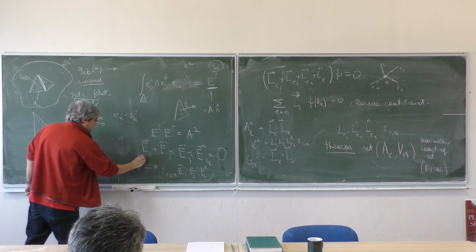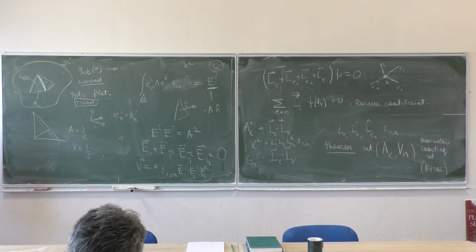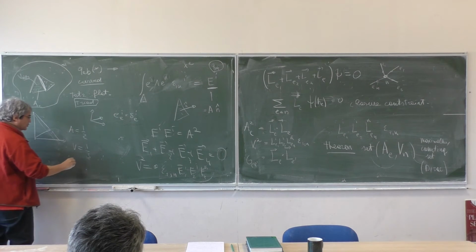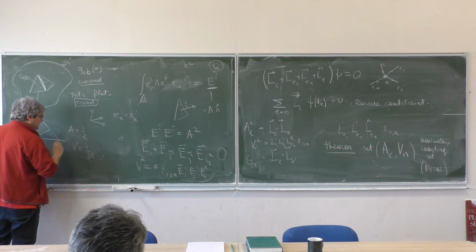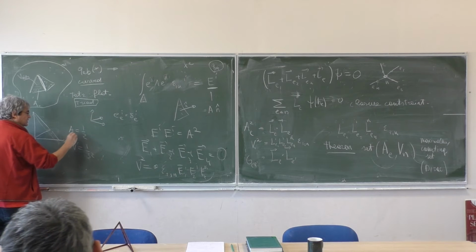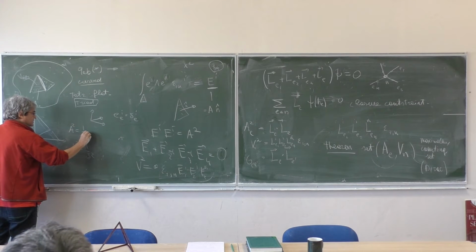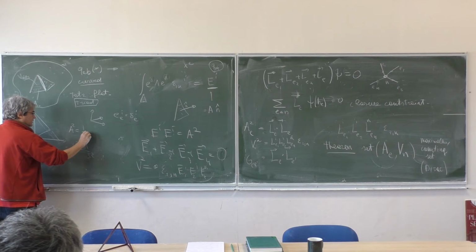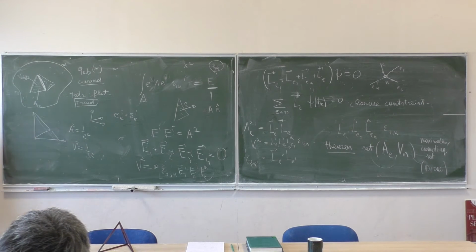So I need a square here, dimensionally. So V squared is 1/3 squared. A squared is 1/2 squared.